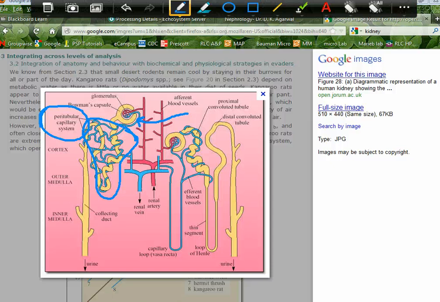Then, from there, we go back into a cortical radiate vein, into an arcuate vein, into an interlobar vein, which goes into a segmental vein, which goes into a renal vein. There you go.